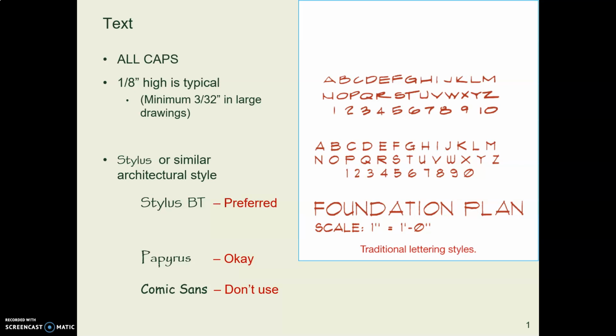It's just a little bit too arty, and some of the proportions are kind of weird, so fitting Papyrus into a line of text can turn into more problem than you wanted. And then Comic Sans is lovely for writing notes to people, but we don't use that in architectural drawings. So, long story short, use Stylus. And all caps, 1/8 of an inch high.